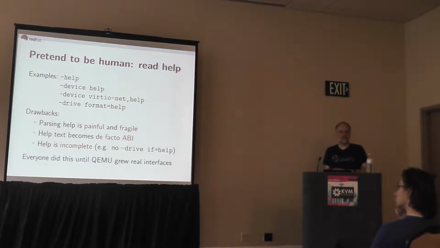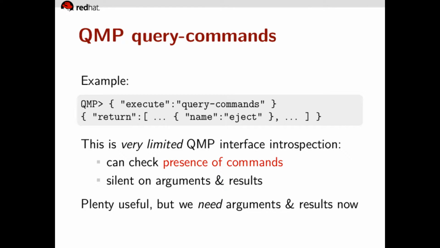We've been in situations where we couldn't improve help for our human users for fear of breaking tools. Finally, help is perpetually incomplete. For instance, there is -drive format=help, but there is no -drive if=help. Nevertheless, everybody did this until QEMU grew real interfaces.